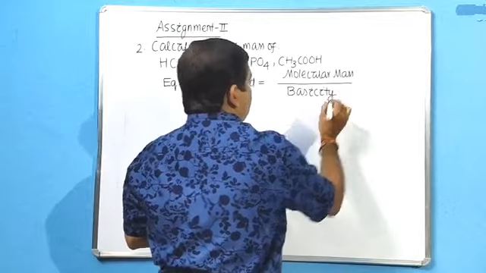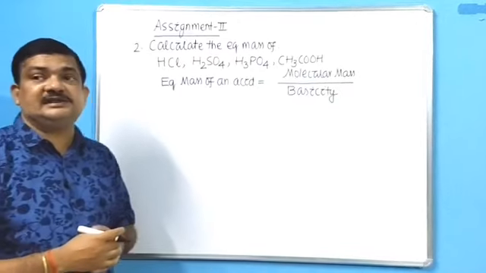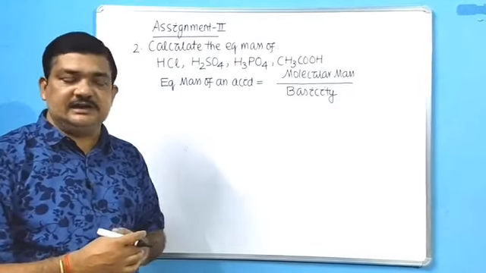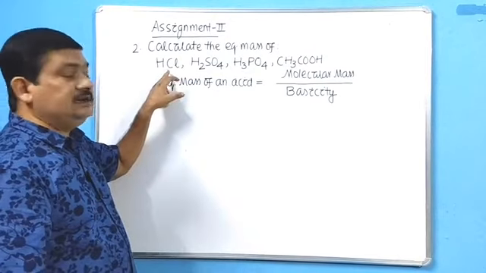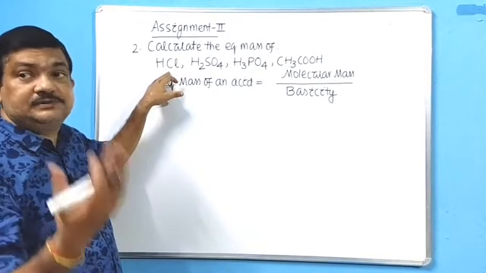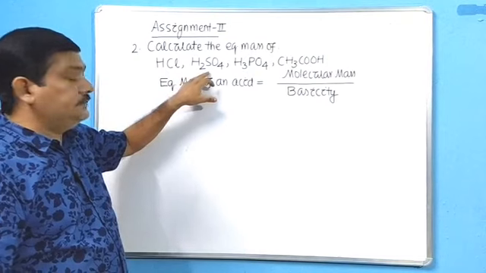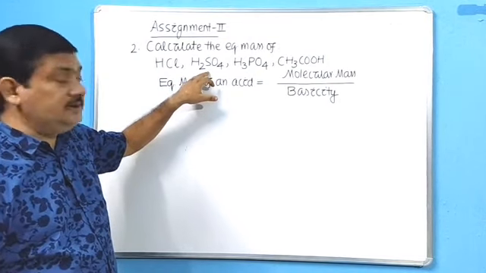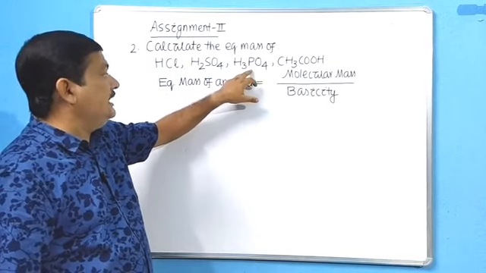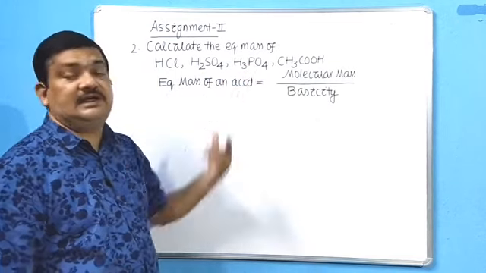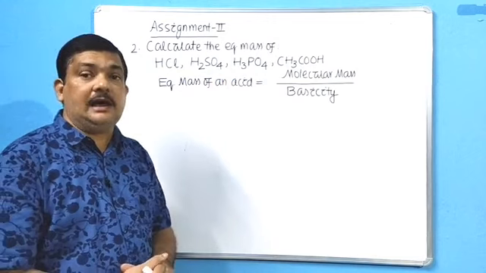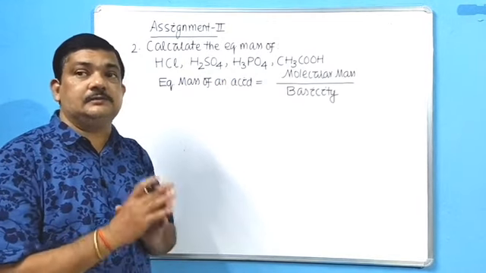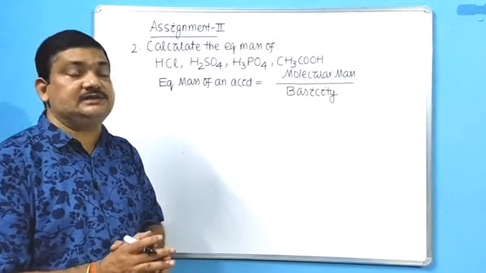I have already told you, the number of replaceable H plus ions present in an acid. The basicity of HCl is 1 because it gives you 1 H plus ion. Sulfuric acid is 2, it gives you 2 H plus ions in aqueous medium. Then H3PO4 is 3, then acetic acid. Although it has 4 hydrogen atoms, it releases only 1 H plus ion, so its basicity is 1.